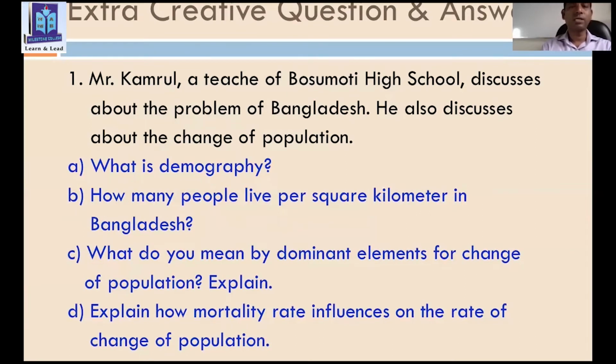First question, what is demography? Second question, how many people live per square kilometer in Bangladesh? Third, what do you mean by dominant elements for change of population? Explain. Fourth, explain how mortality rate influences the rate of change of population. Let's see.